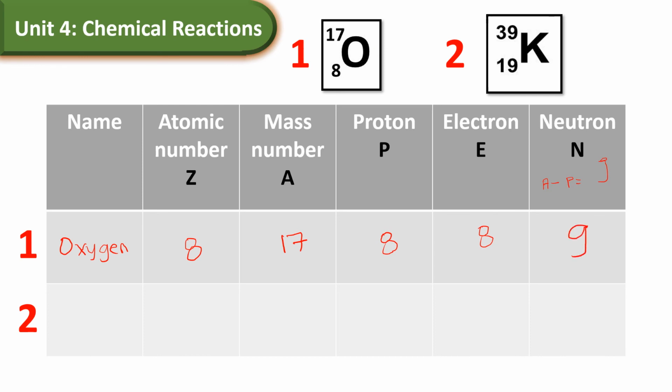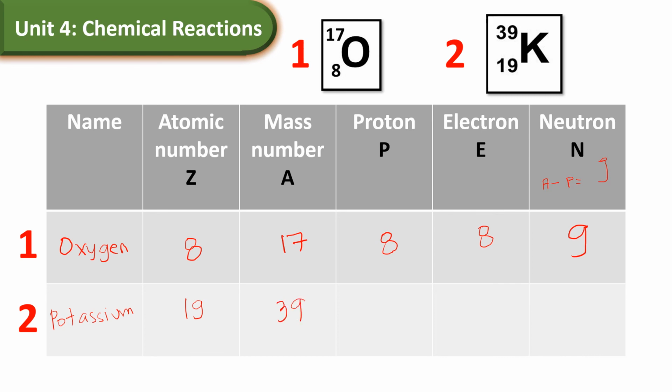Now, let's go with number 2. What is the element name of the symbol K? K is potassium. Very good. Potassium has an atomic number of 19. And what is its mass number? Mass number is 39.